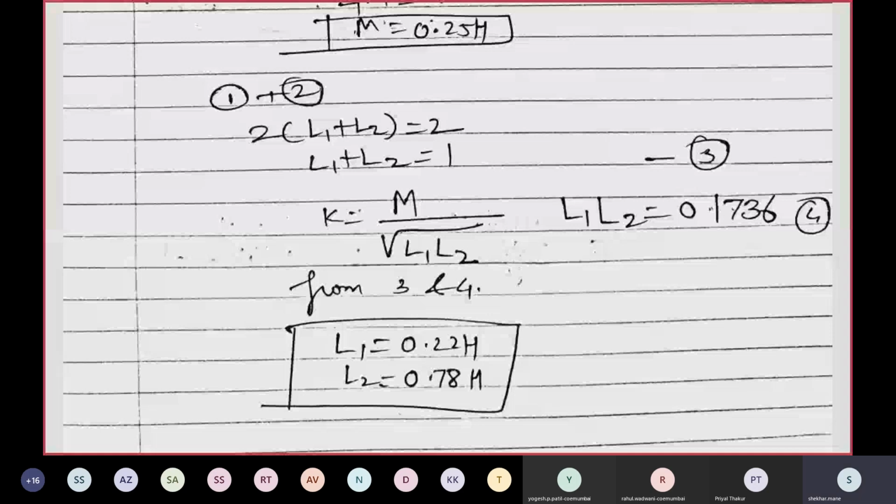And using that quadratic equation, you can find out this value. Solve this. L1 value is 0.22 and L2 is 0.78.